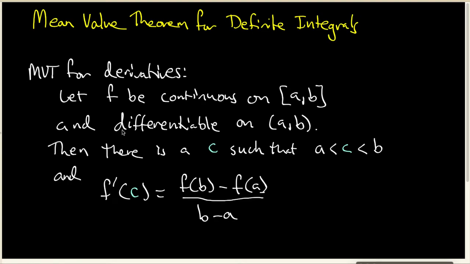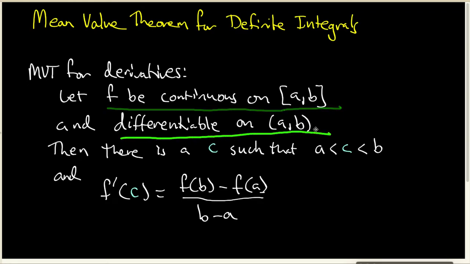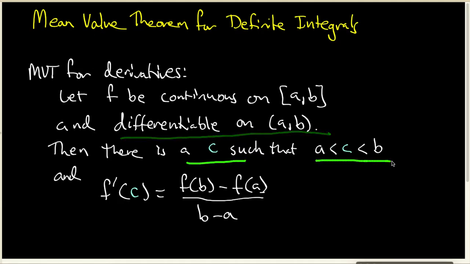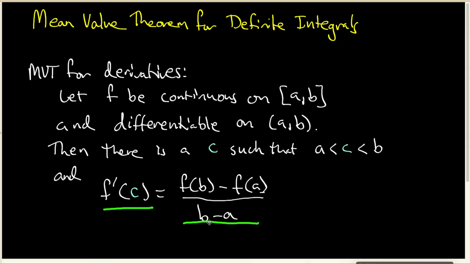The mean value theorem for derivatives says that if a function is continuous on a closed interval from a to b, and differentiable on the open interval between a and b, then we can find a magic c between a and b, such that f prime evaluated at c is equal to f of b minus f of a over b minus a.